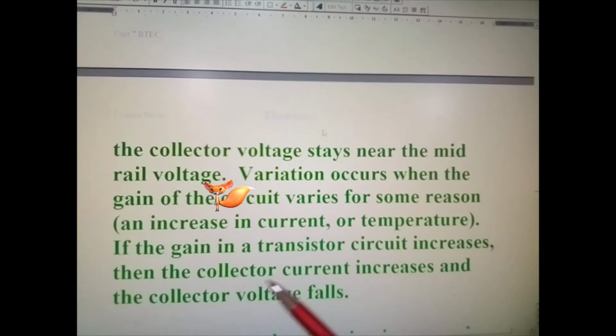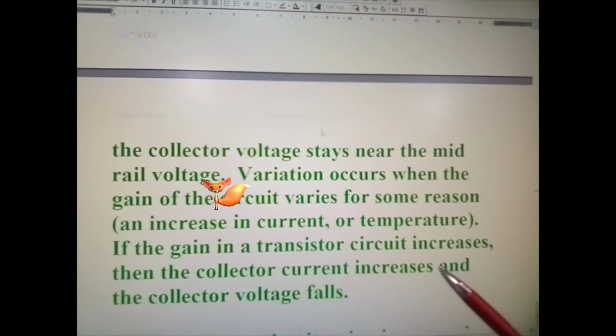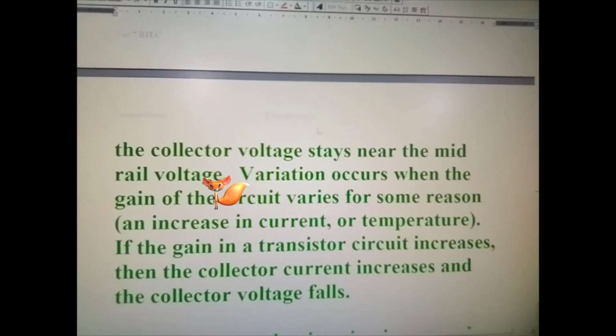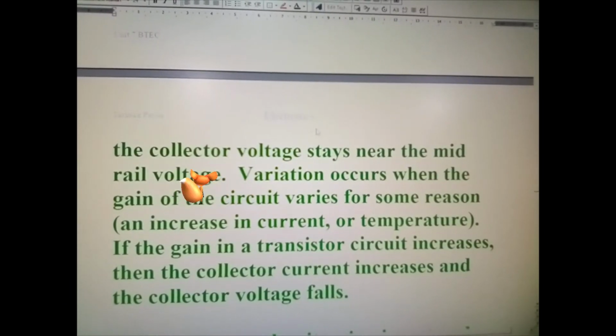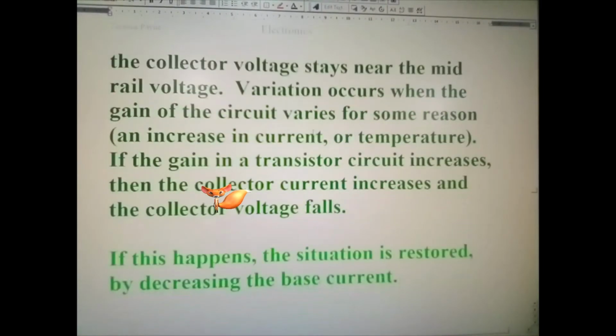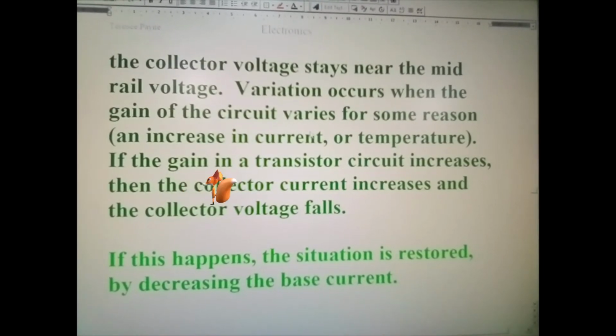If the gain in a transistor circuit increases, then the collector current increases and the collector voltage falls. Now, if this happens, the situation is restored by decreasing the base current.